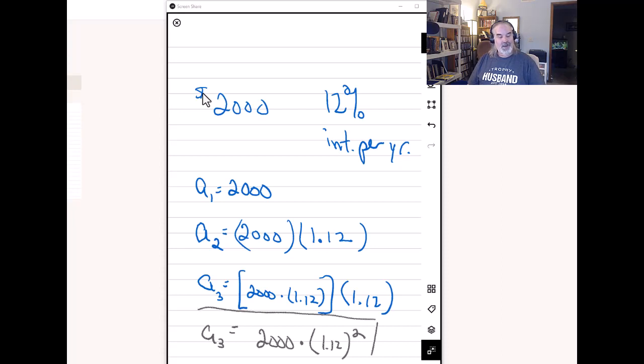So after just a couple of rounds of this, you can see this geometric series formula that we were just working with kicking in. And so we can answer a question like, let's say we're going to let this money ride till retirement. We're going to let it sit for 40 years. How much money is going to be there at the end of 40 years? Well, we could just use the geometric sequence formula to just hop right out to 40 years from now and figure that out.